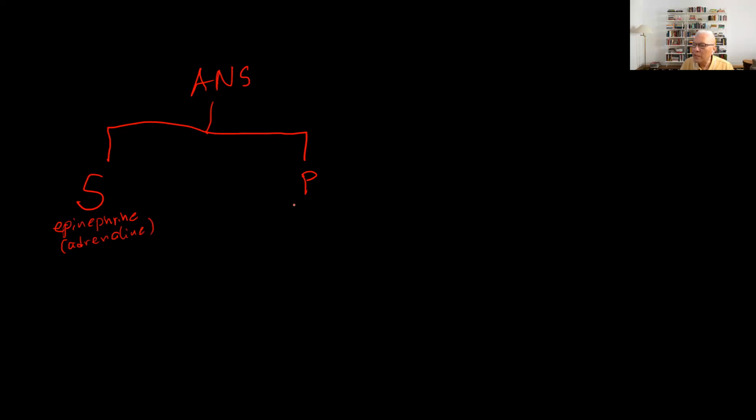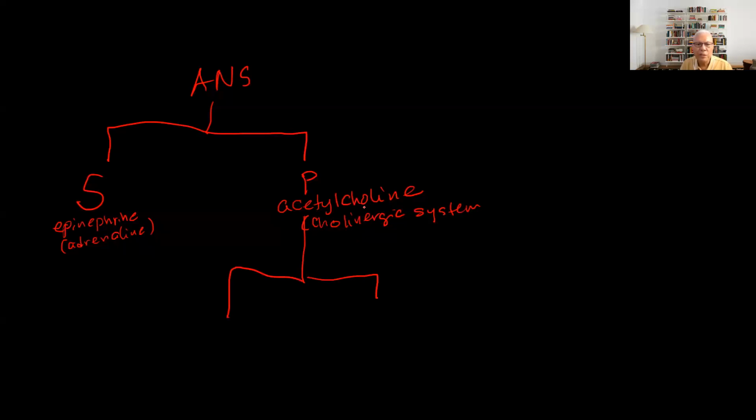The parasympathetic nervous system exerts its effect through another substance, and that's acetylcholine. And therefore, this is also referred to as the cholinergic system. Okay. So there are two kinds of receptors in the parasympathetic nervous system. The first one is what is called nicotinic, and the other one is muscarinic.